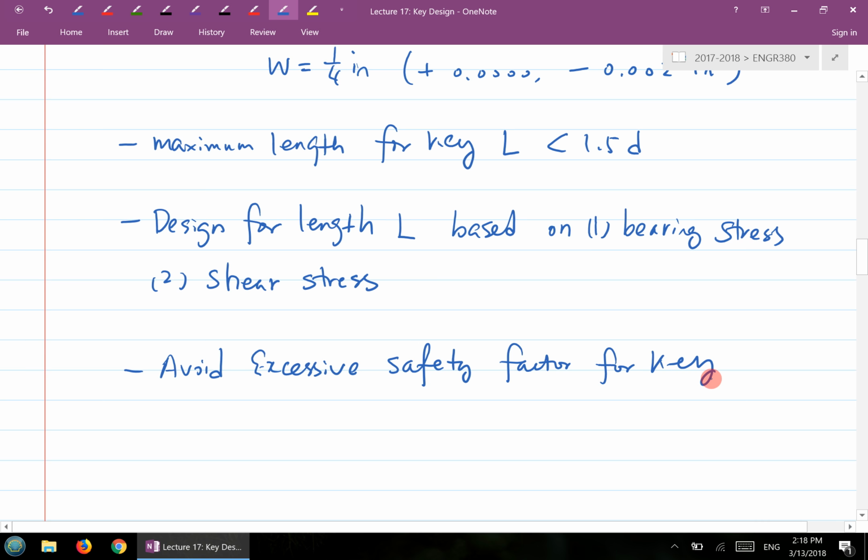It's like a mechanical fuse, basically. The key is not expensive, right? If it fails, you can easily replace it with another one. So the safety factor for the key design should not be excessively large, because you want the key to fail first. So that's the point here.